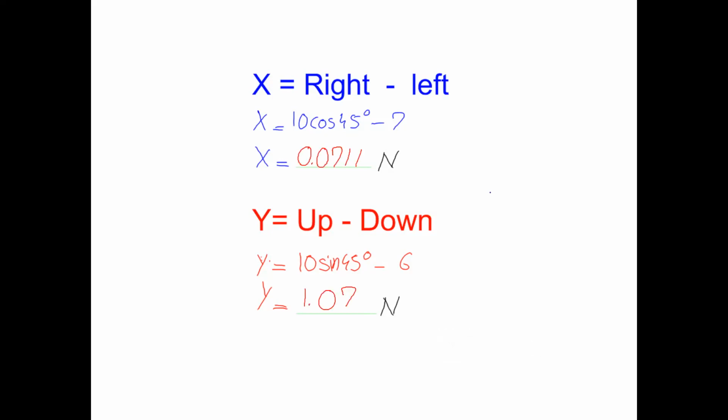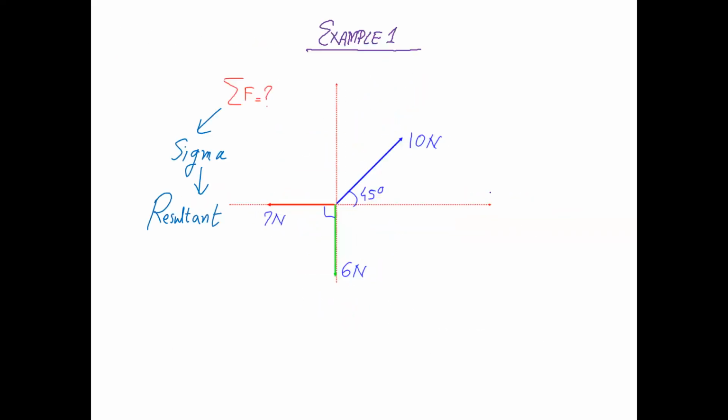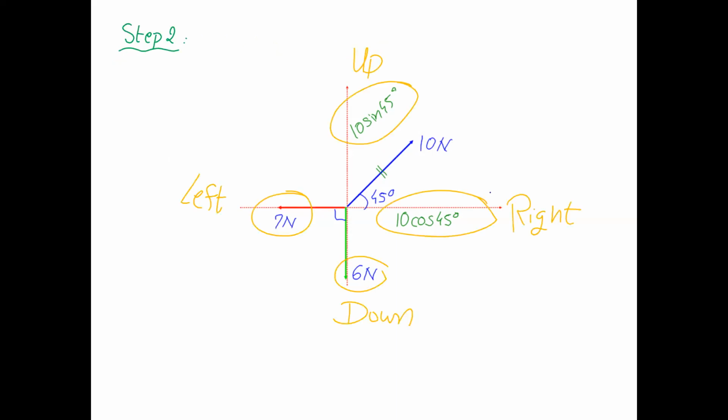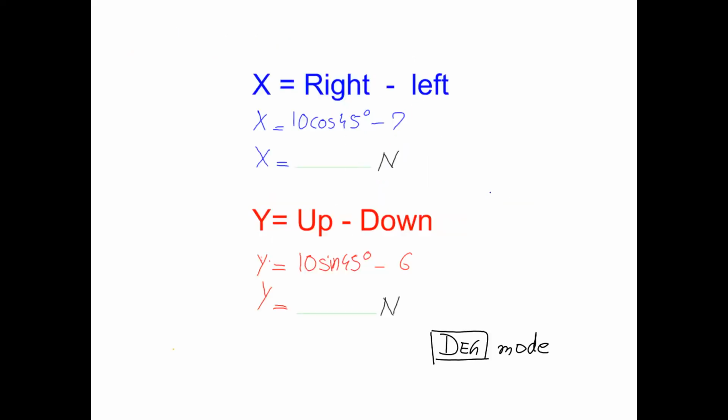Now look carefully, what is the first step? If we go back and look at the first step, what is the first step? First step is to resolve the inclined vectors, and then second step is to change them into their algebraic sum by right minus left, and that will be x, and for y it will be up minus down.